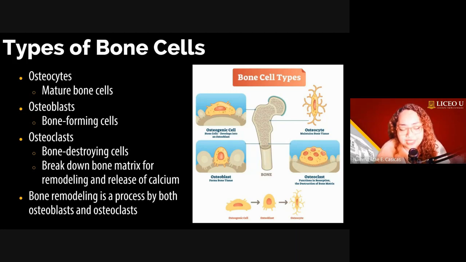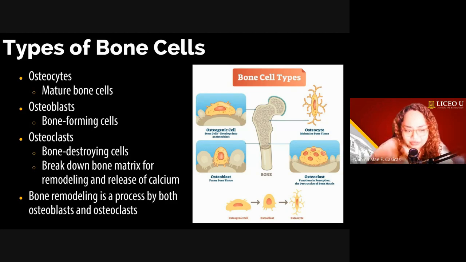And then your osteoclasts. These are bone destroying cells and they break down bone matrix for remodeling and release of calcium. Now, why do we need to destroy bone? It could be that you are a child. A child is growing, right?